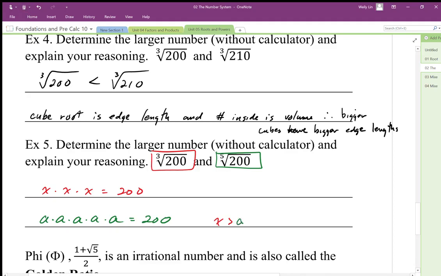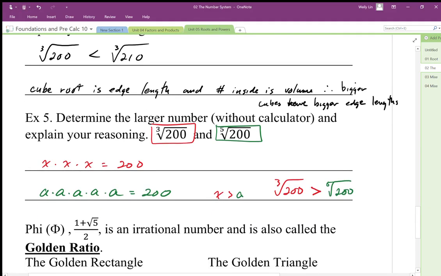And that means we can determine that the cube root of 200 must be greater than the fifth root of 200.